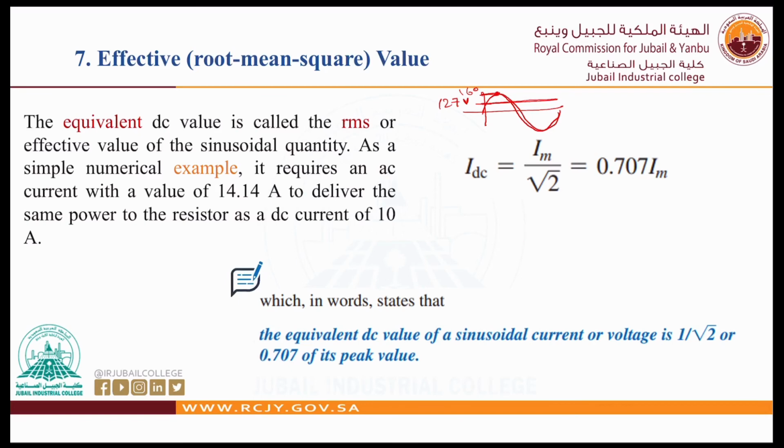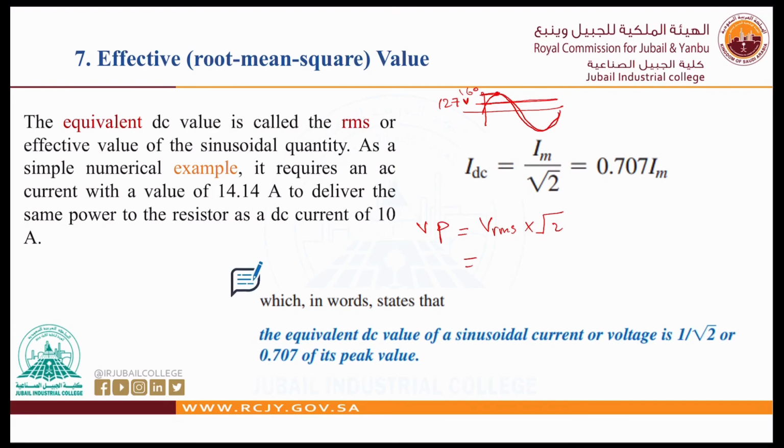127, let us calculate it here now. If you have a calculator, please find this formula and do it in the calculator. V peak is equal to V RMS multiplied by root 2.